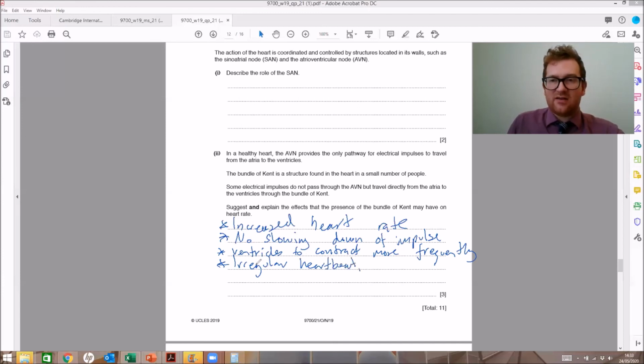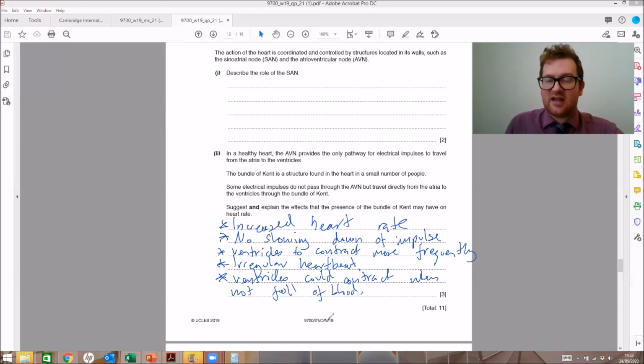Not only that, if you're having the ventricles contracting not at the regulated or specified time that normally would happen, the ventricles could contract and push blood out when they're not full of blood.